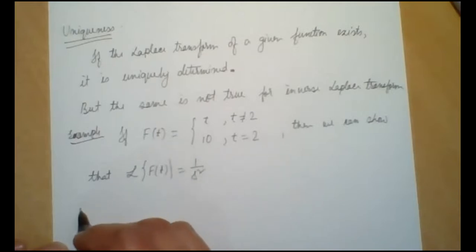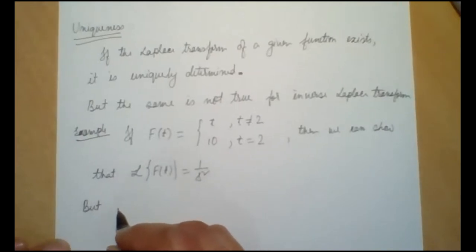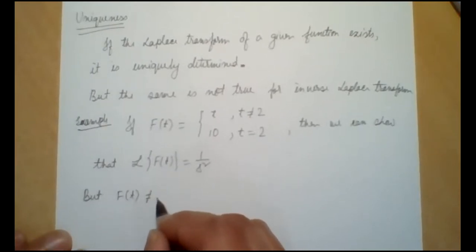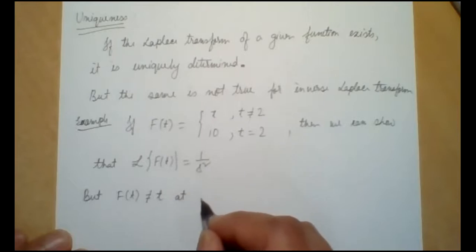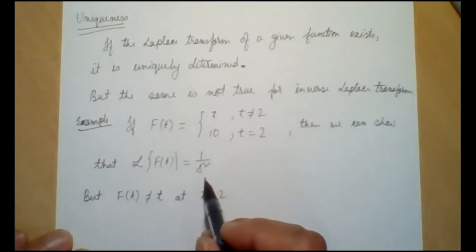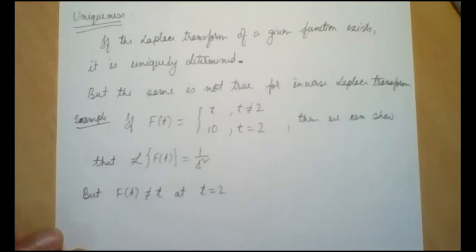Okay, but f of t is not equal to t at t equal to 2. 1 by s square, we also know that 1 by s square is the Laplace transform of t from this formula.